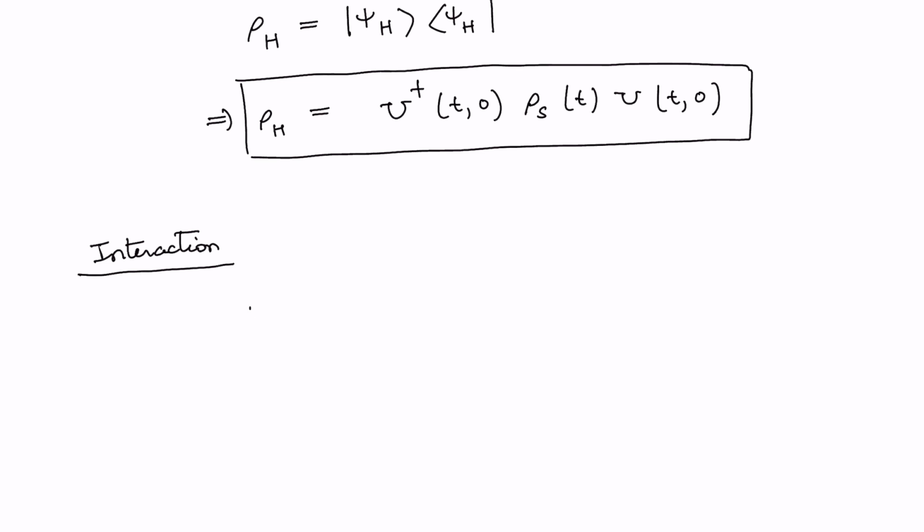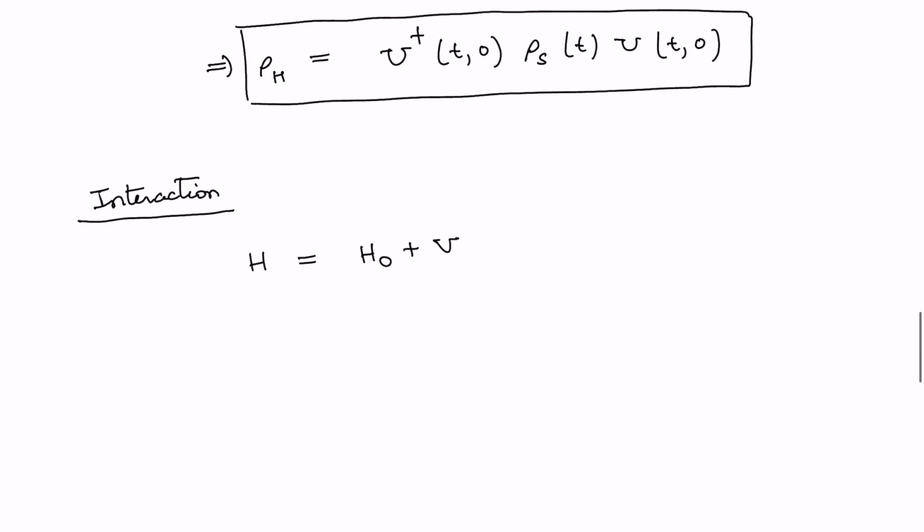And here in the interaction picture, the Hamiltonian H is decomposed as H0 plus V, where H0 is the Hamiltonian representing the system without any interaction, and V is the interaction part of the Hamiltonian. And then the interaction picture is essentially the Schrodinger picture with respect to the interaction Hamiltonian V, but the Heisenberg picture with respect to H0.